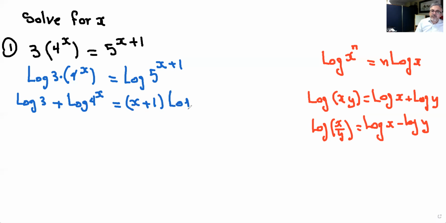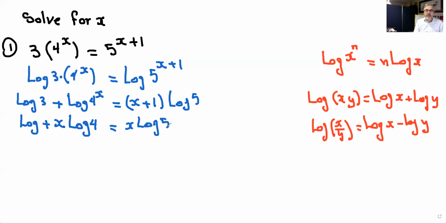And I still have the log 5. The same thing here, I'm just going to rewrite this and bring the x down, and at the same time, I'm going to distribute the log 5 into the 1 and into the x. So I have x log 5 plus log 5.